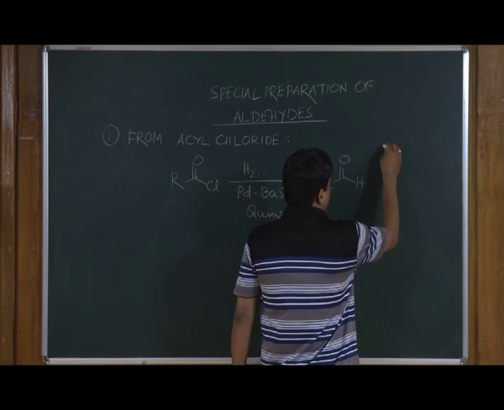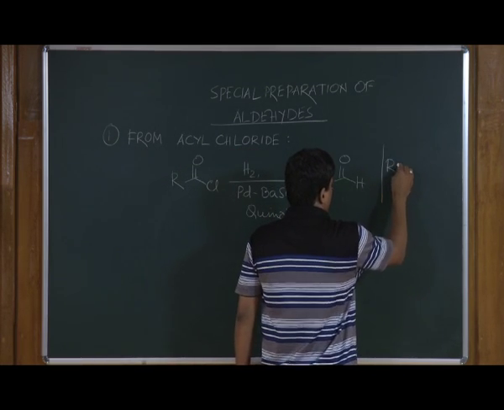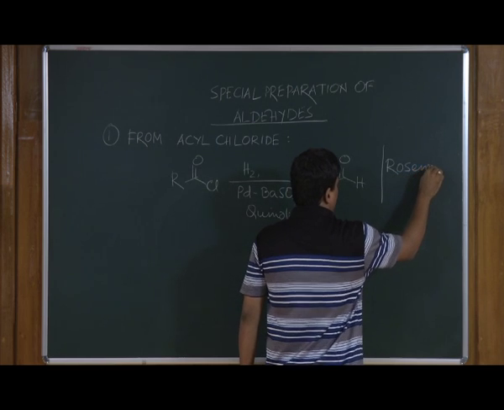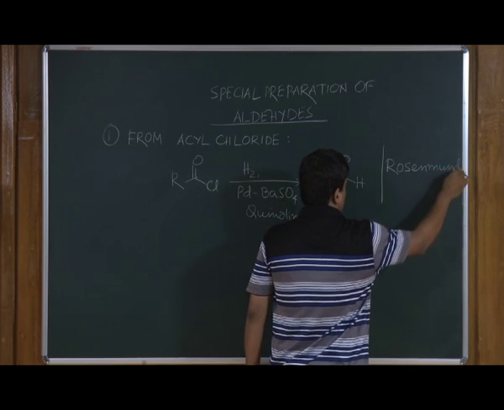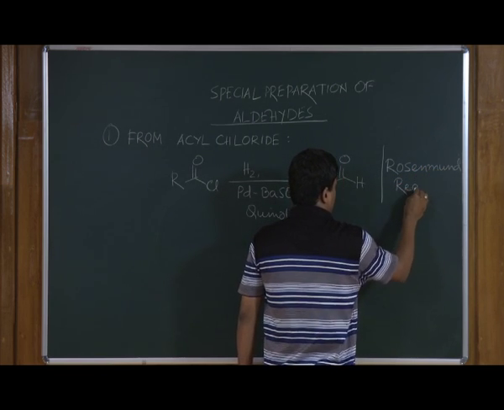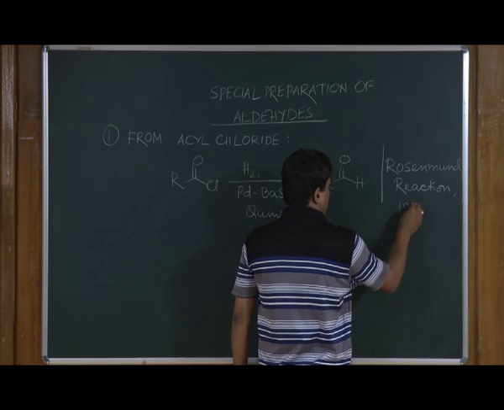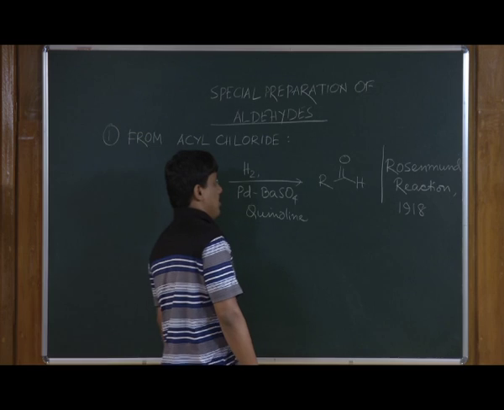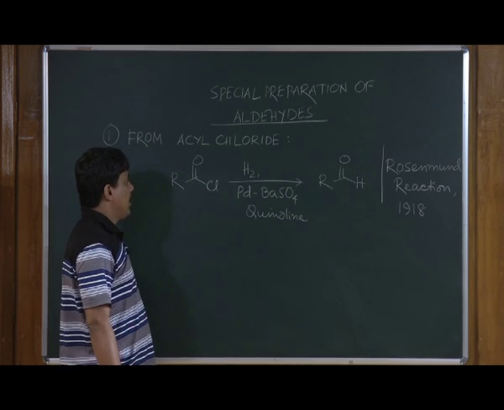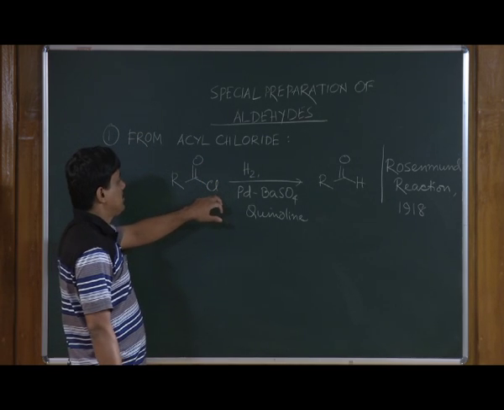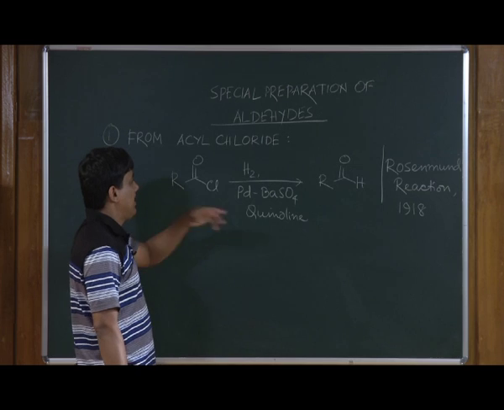This is a name reaction, the Rosenmund reaction. And it was discovered in 1918. So, here the acid chloride is selectively reduced to aldehyde.